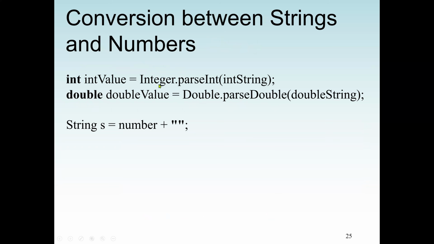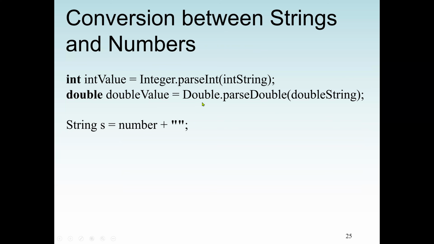Okay, so we know this method already, Integer.parseInt. What this does is convert between strings and numbers. So this means I have data coming in as a string, and we convert it to an integer before we assign it. Same thing, we have Double.parseDouble.